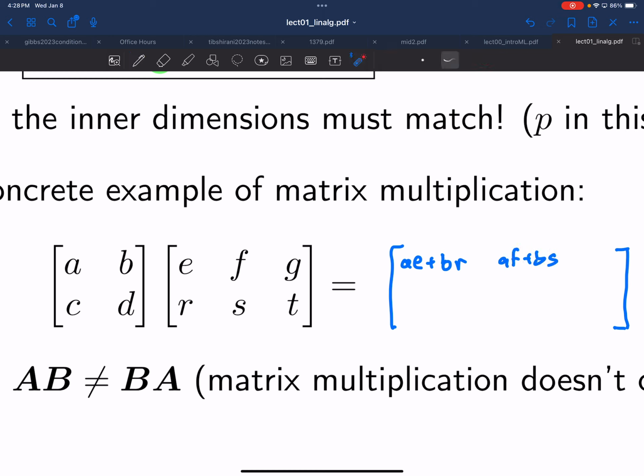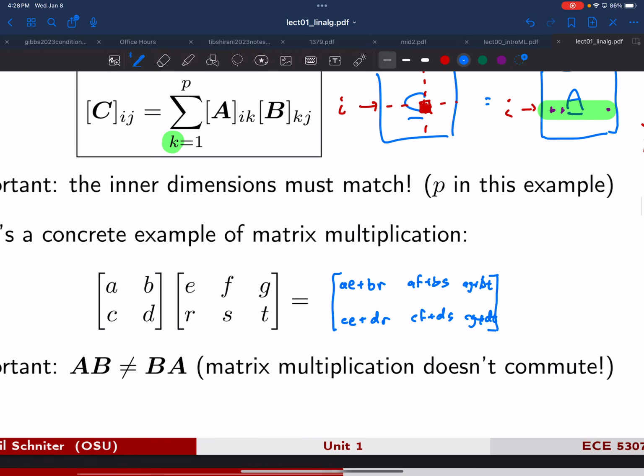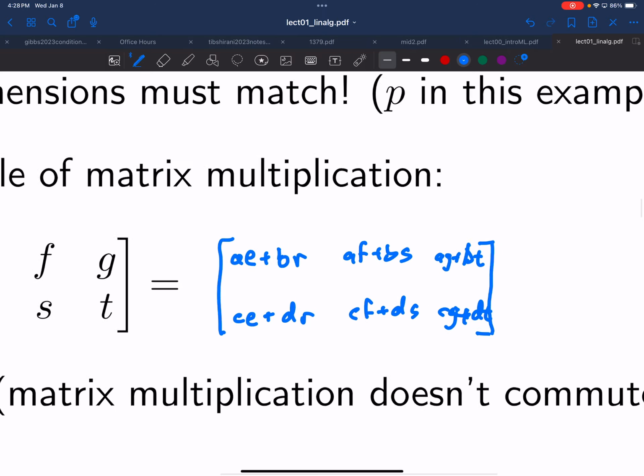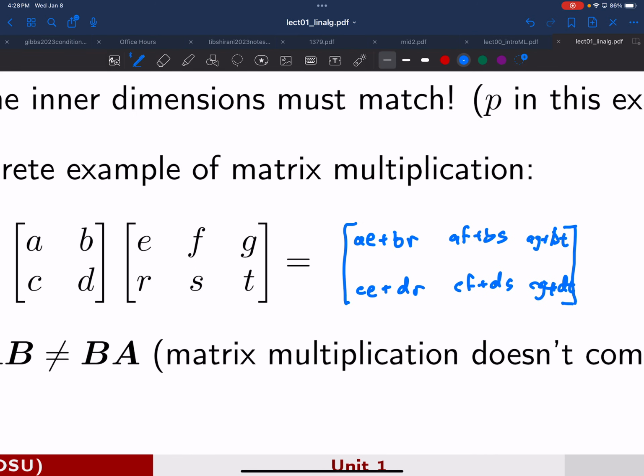And then to get the top right, it's going to be AG plus BT. Moving on to the bottom, CE plus DR, CF plus DS, CG plus DT. Okay, sorry, my handwriting is not perfect there. Is everybody good with this example, the general concept?